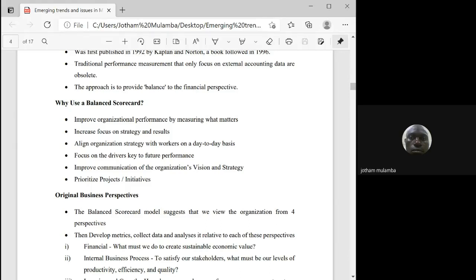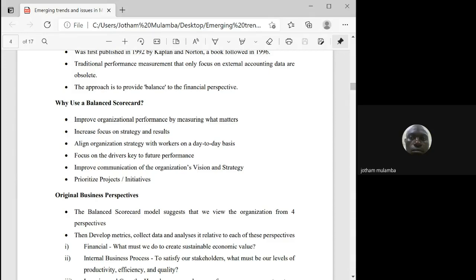We have employees who can focus on those particular areas to help us achieve, so that we don't have scenarios where an employee was dealing with one project, has moved to a second project, and the other project is not complete. At the end of the day, we have so many projects that have been initiated, but none that's complete. If we have a balanced scorecard, then we have ample time to actually complete the project to the latter.